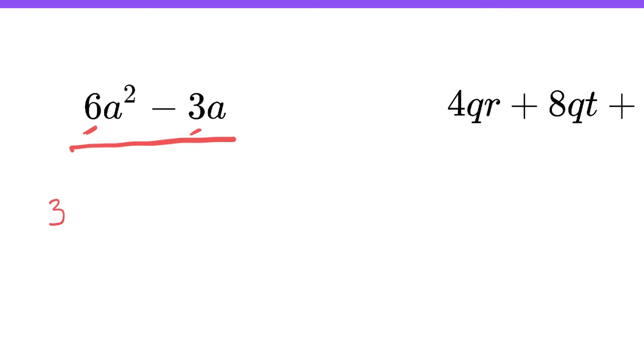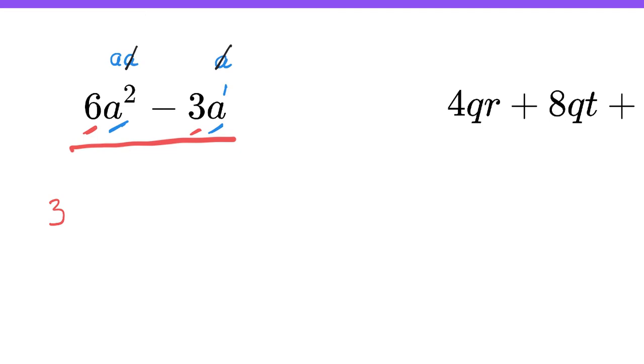When you look at the variables, you've got an a squared and an a, remembering that there's an invisible 1 above that a. So we have two a's here and one a above the 3, which means that 1a would be common.